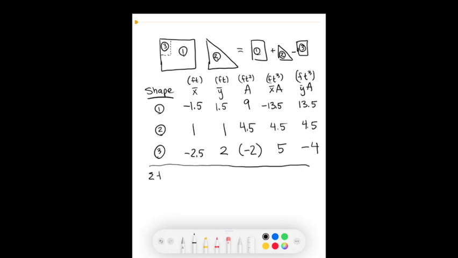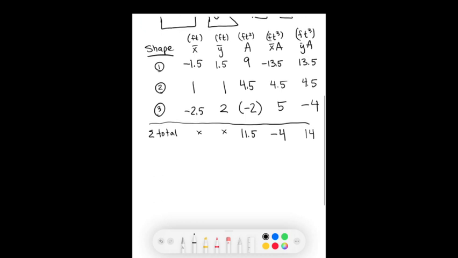Finally, we add up for the totals. So 9 plus 4.5 minus 2 gives us 11.5. We add up over here, we actually get a negative 4, and over here we get positive 14. Last step.